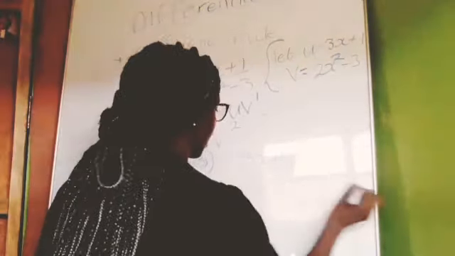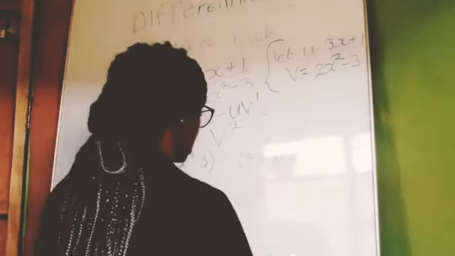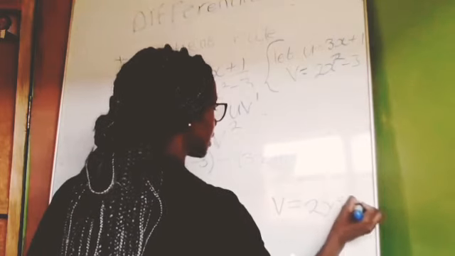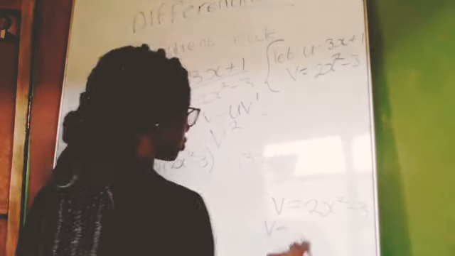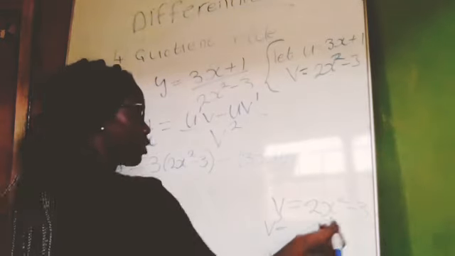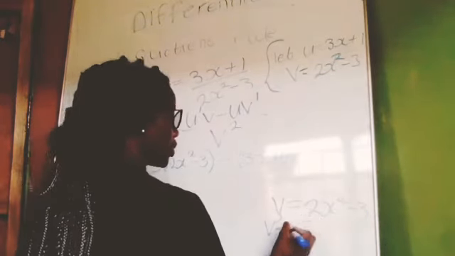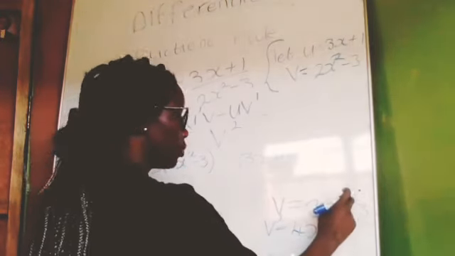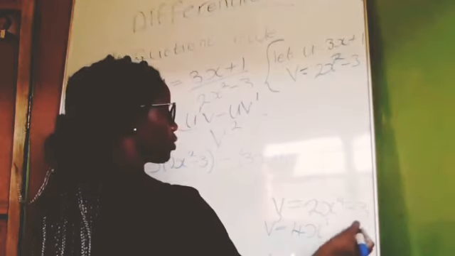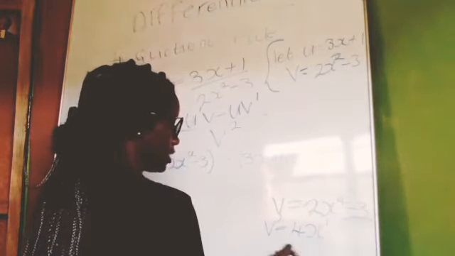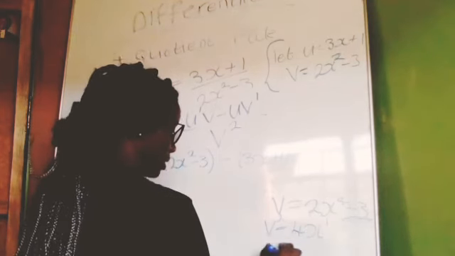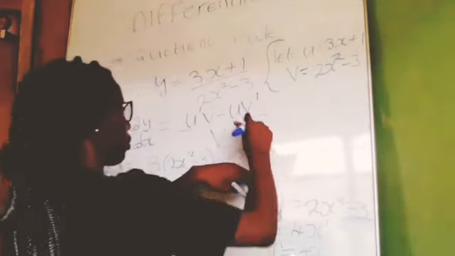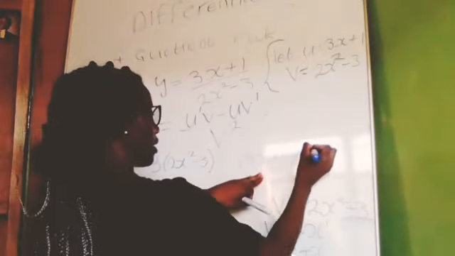To get v prime, our v equation is v is equal to 2x squared minus 3. So v prime is equal to, multiplying the power times the coefficient 2, which will give us 4x. The power reduces by 1, so that's 2 minus 1, which is just 1. And remember, the derivative of a constant is 0. X to the power 1 is just the same as x. So v prime is just equal to 4x. So where we have v prime here, we're going to replace it with 4x.